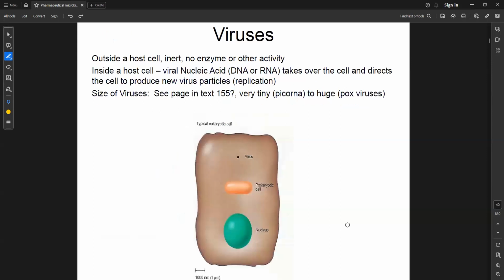That's basically what characteristics of life mean. For viruses, outside the host cell they're inert, with no enzymes or any other activity. But when they're inside the host cell, they have viral nucleic DNA or RNA and take over the cell and direct the cell to produce new virus particles. If we talk about them in IT lingo, viruses affect computers by inserting themselves inside the software and telling the software to reproduce copies of itself and affect the basic function of the software.